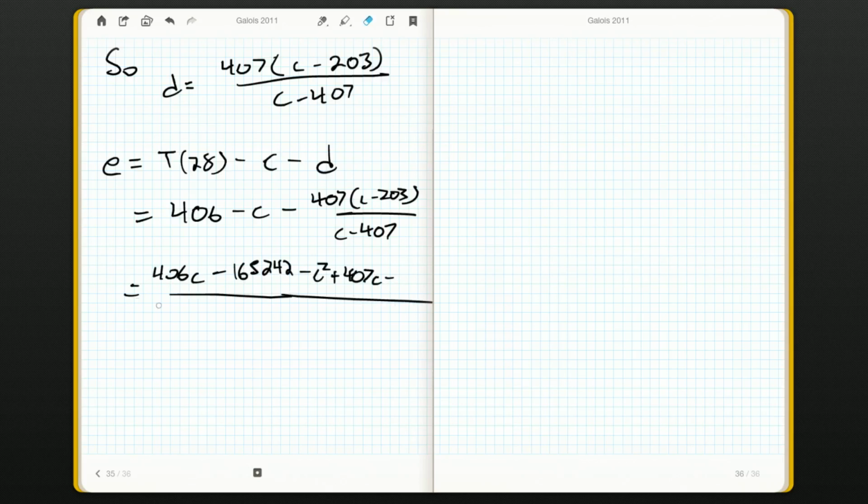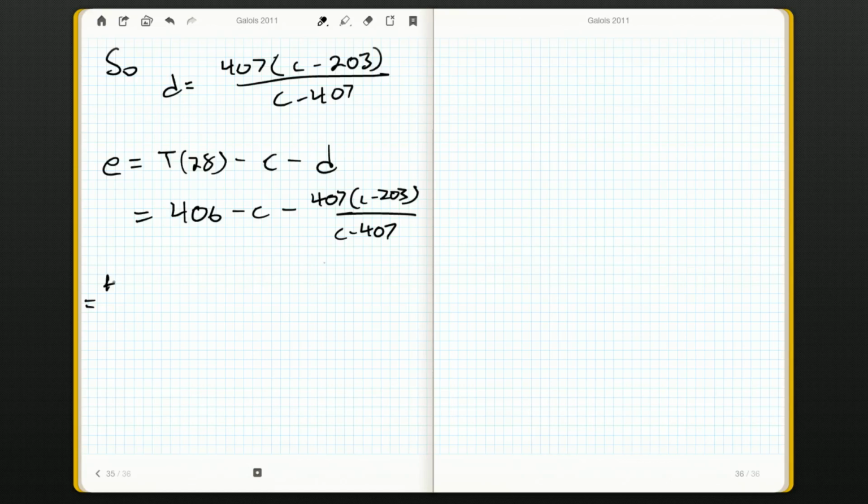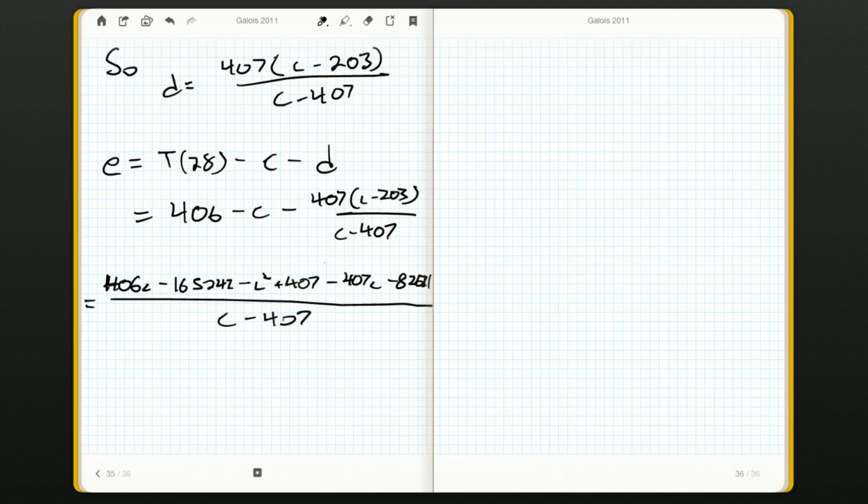minus, I need more space, (406C minus 165242 minus C squared plus 407C minus 407C minus 203 times 407, which I keep forgetting, 82621, all over C minus 407.